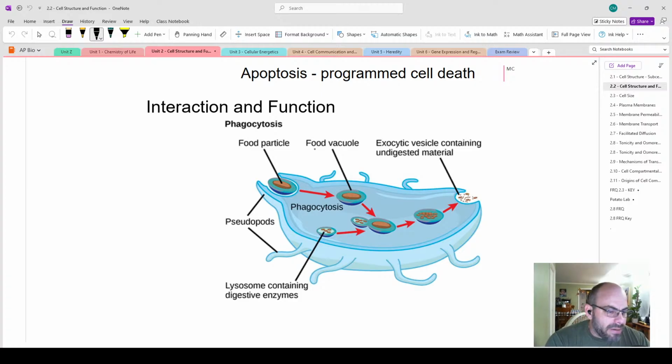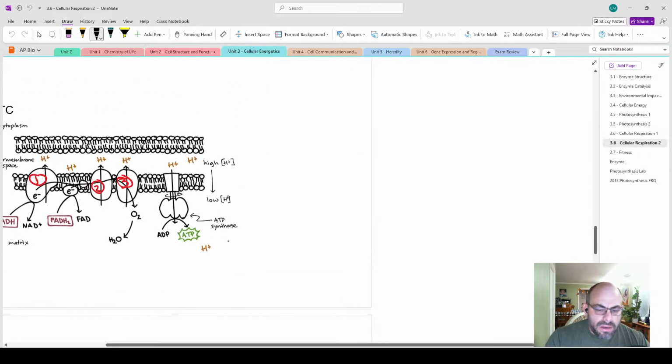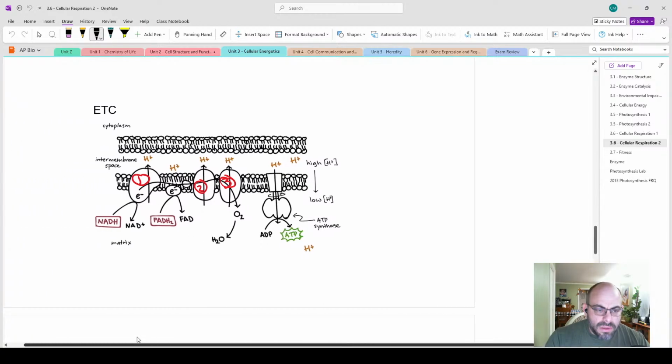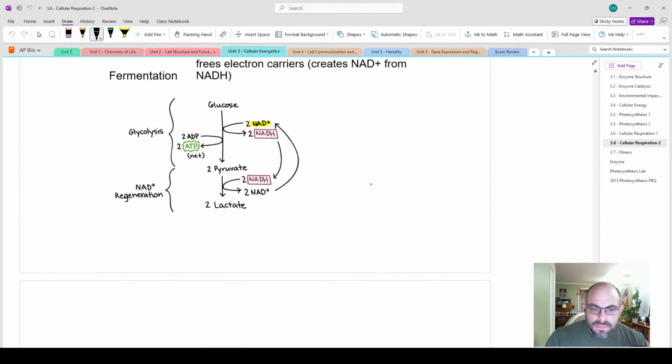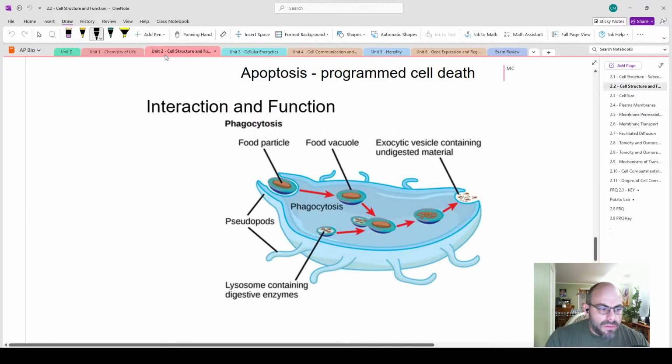Sometimes it gets loud around here. Good questions. Good questions. Anything else you guys have? I'm just sitting here thinking about this unit, and it's just not that bad. Next unit we've got all this stuff, and it gets a little more spicy. So we have a less spicy unit this time around.